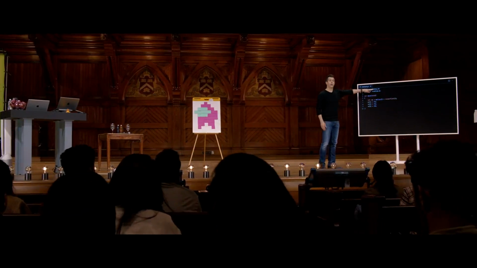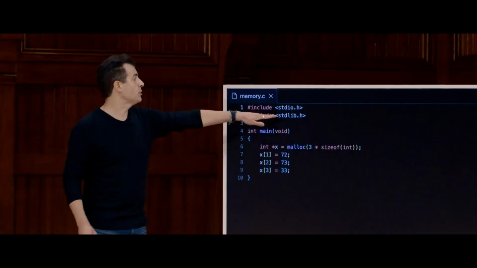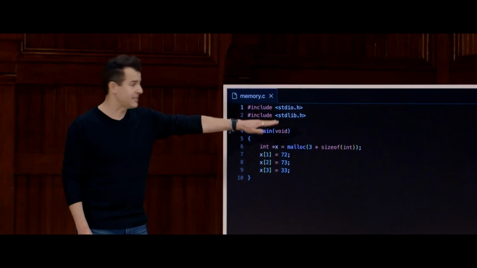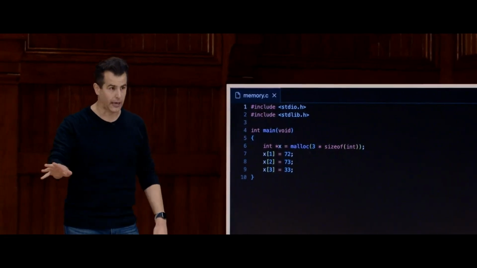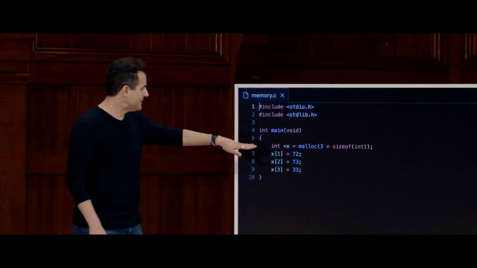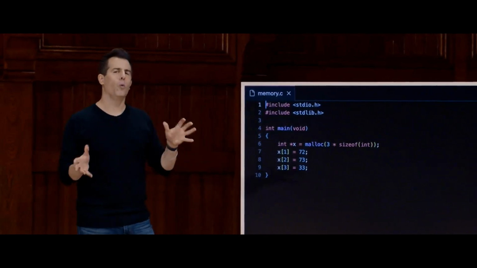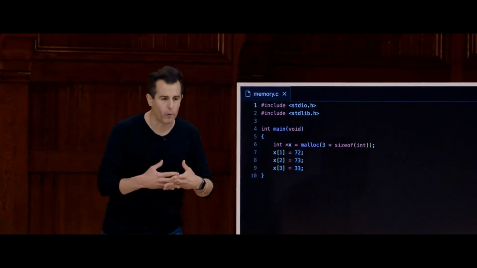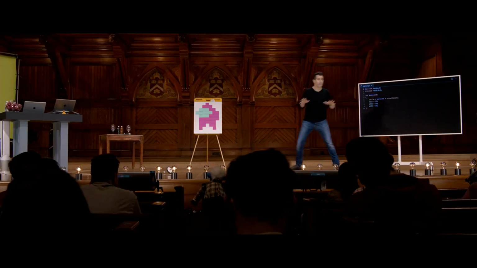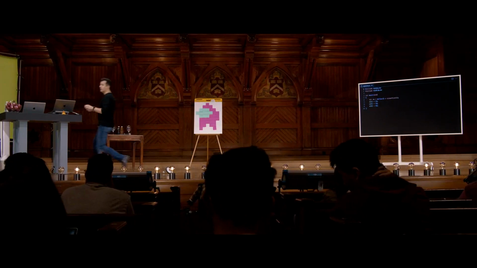Notice that I've included standard io.h, as always. I've also included standard lib.h, which is necessary now for anything related to malloc and or free and the like. Line 6. It's a little weird what I've done here, but this is like the manual way of asking for enough memory for an array. In week 2, how do we ask for memory for an array?